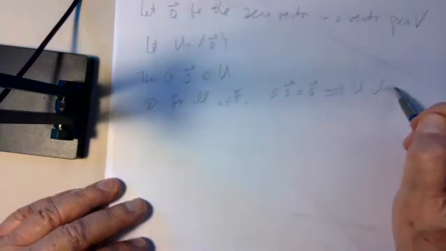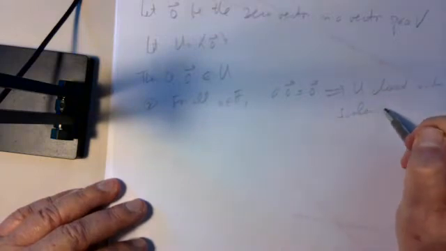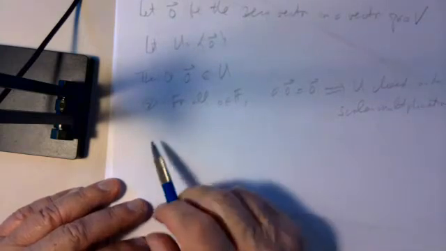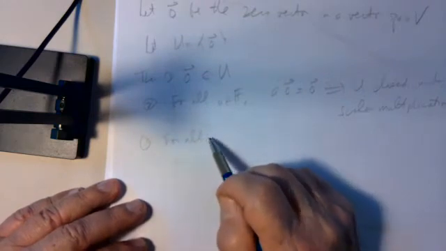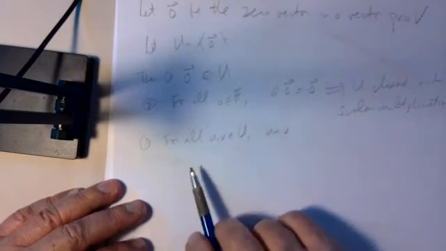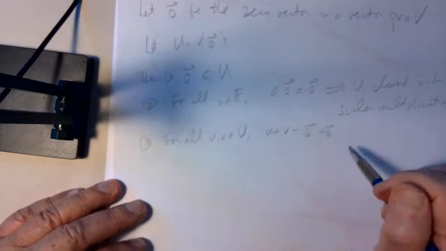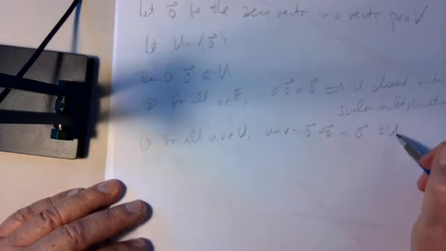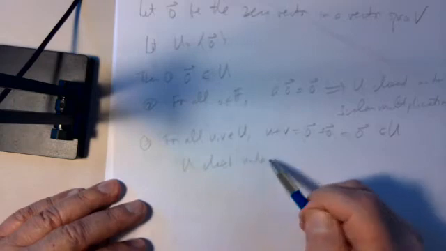So U is closed under scalar multiplication. And for all vectors u and v in U, what is u plus v? Well, the only vector in U is 0, so these are both the 0 vector. And you add the 0 vector to itself, you get 0, which is in U. So U is closed under vector addition.